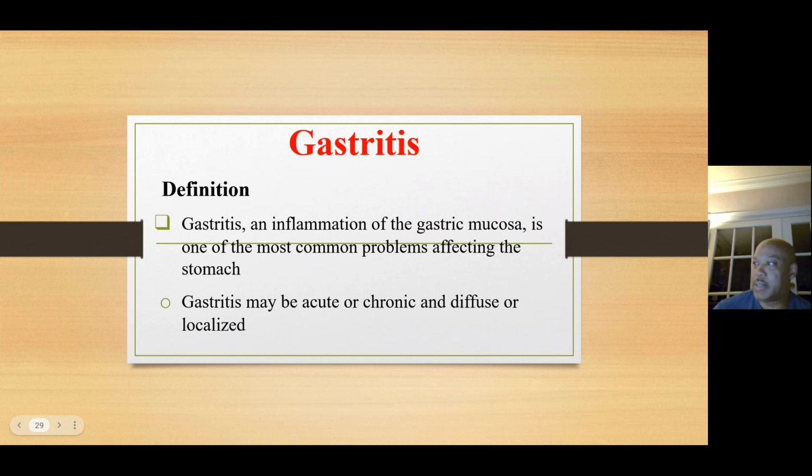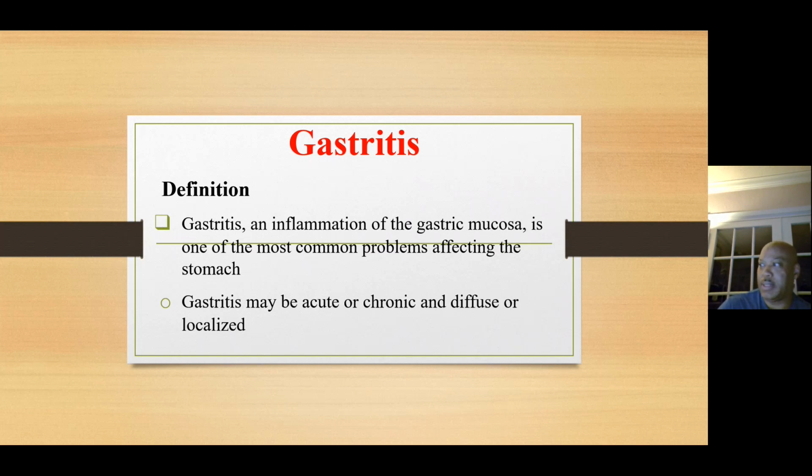But there can be some complications, especially the fact that these lesions can erode the mucosa all the way down to the blood vessels and cause massive hemorrhaging, and that's pretty much the complex health part of that.